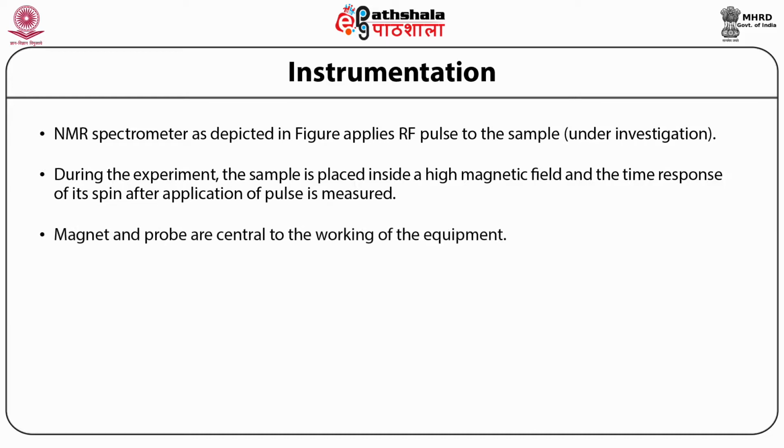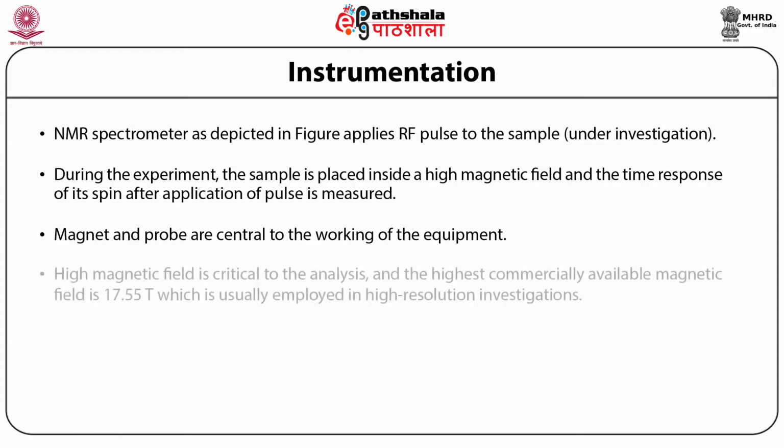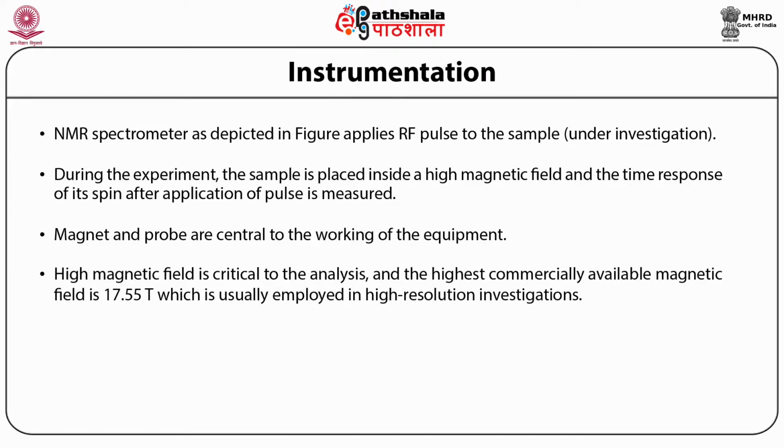The magnet and probe are central to the working of the equipment, and a high magnetic field is critical to the analysis. The highest commercially available magnetic field is 13.55 Tesla, which is usually employed in high resolution investigations.